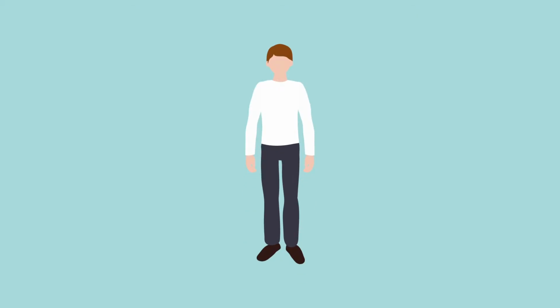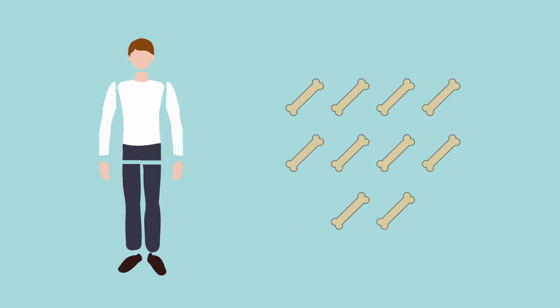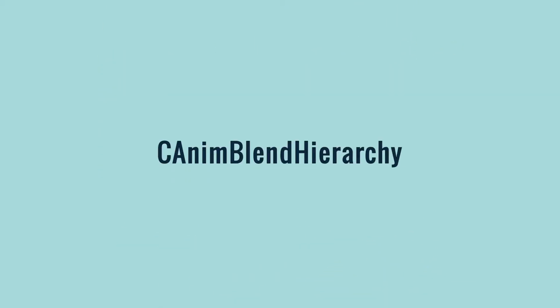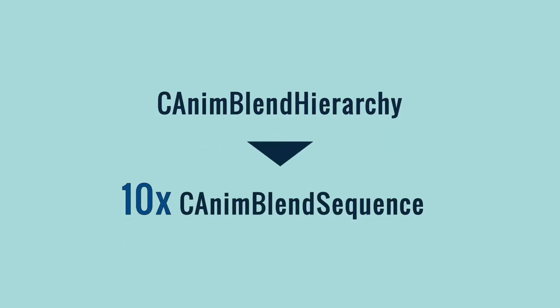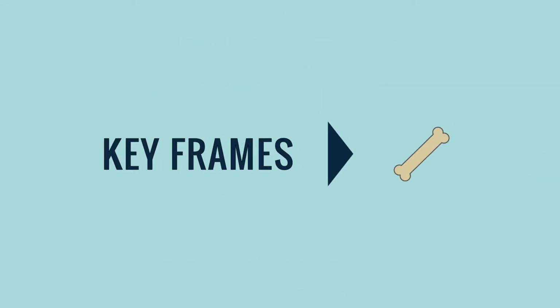Let's say you're moving 10 body parts or bones in 3ds Max, then the CAnimBlendHierarchy for that animation will have 10 sequences. This class holds an array of keyframes for the bone.